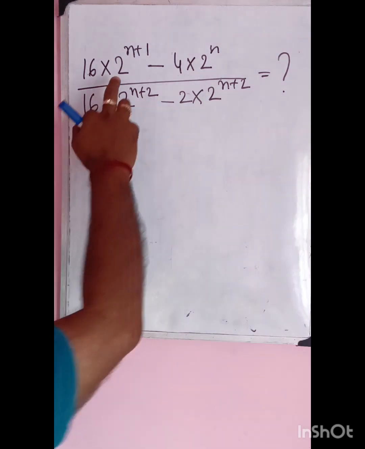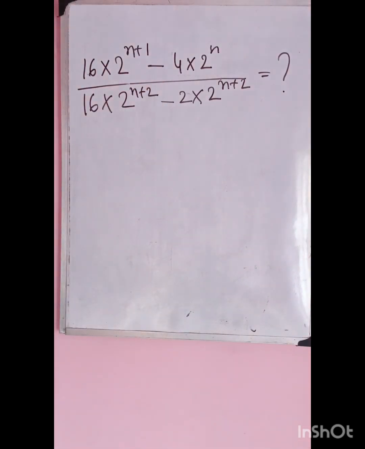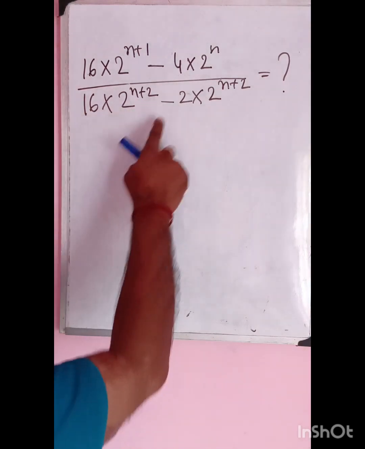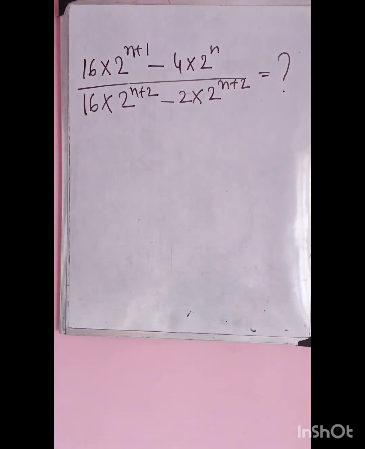Sixteen into 2 to the power n plus 1 minus 4 into 2 to the power n by 16 into 2 to the power n plus 2 minus 2 into 2 to the power n plus 2.